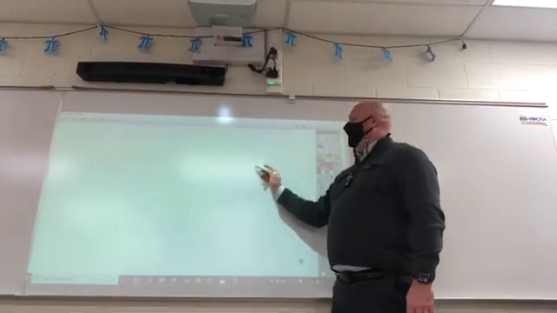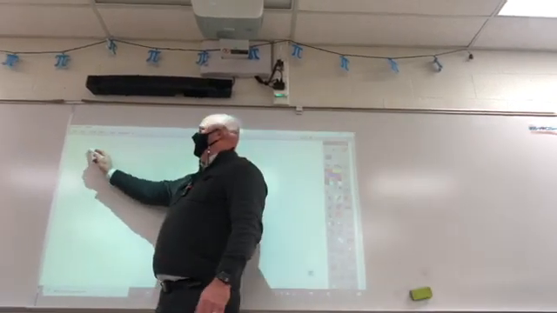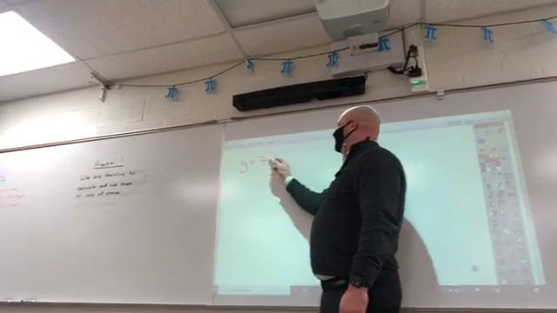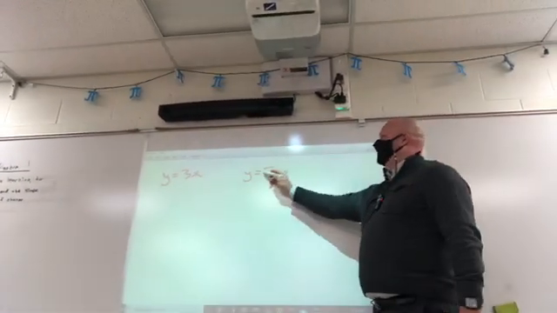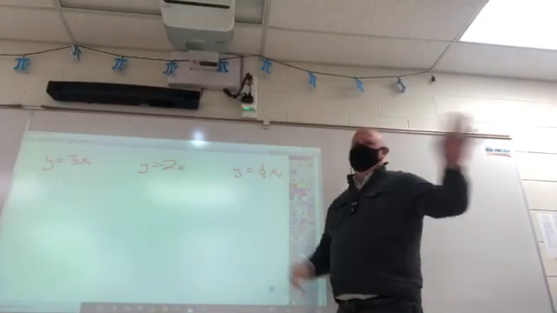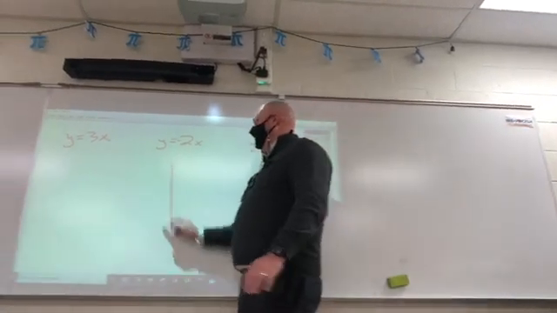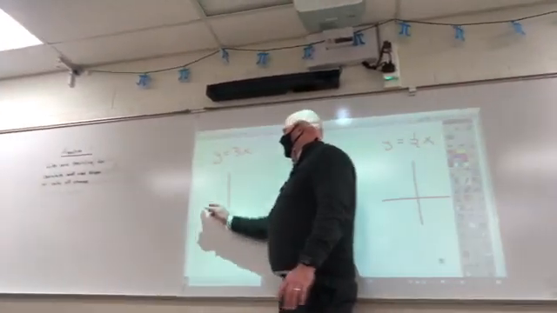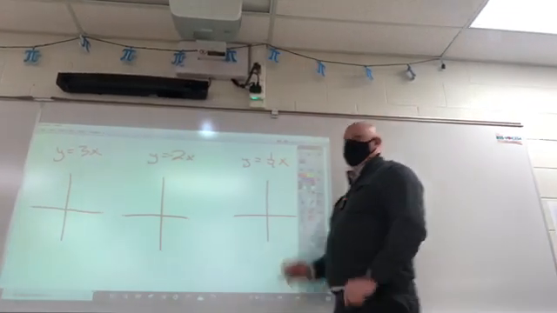With direct variation, if you have the 3 examples I just put on the board, 3x, negative 2x, and 1/4 x, something like that, all 3 of these are lines. They all have different slopes, but they all will have one thing in common.